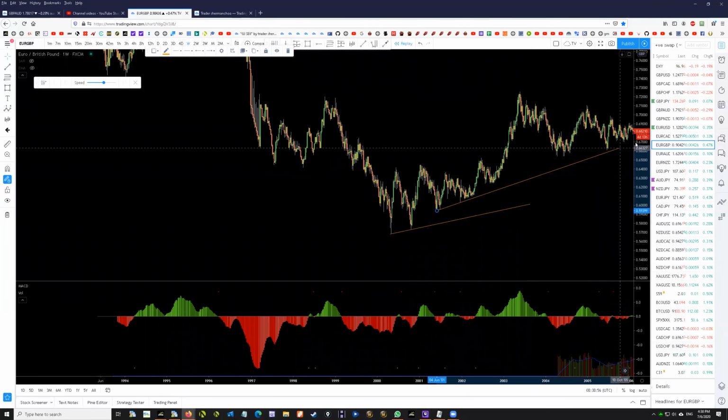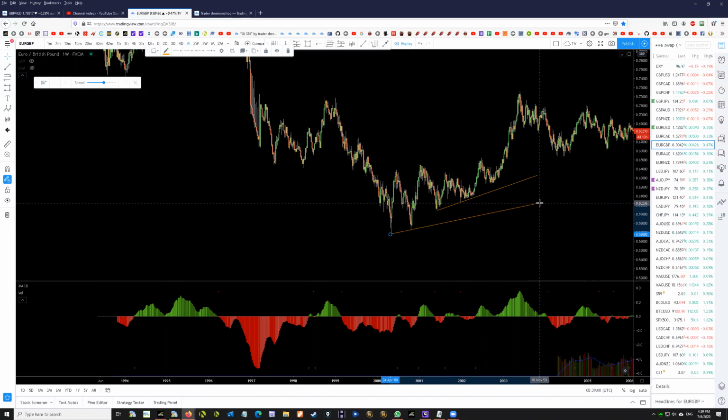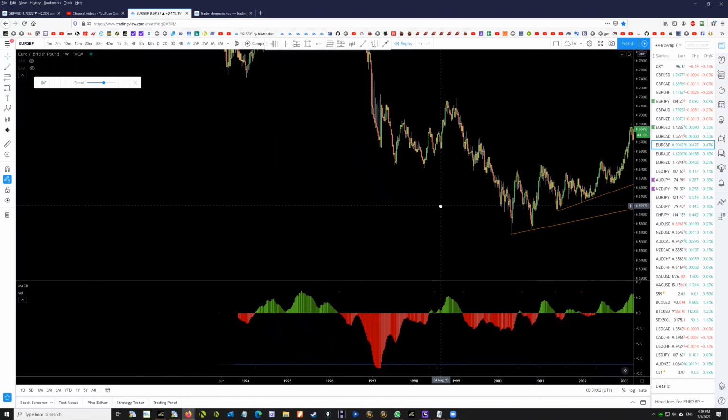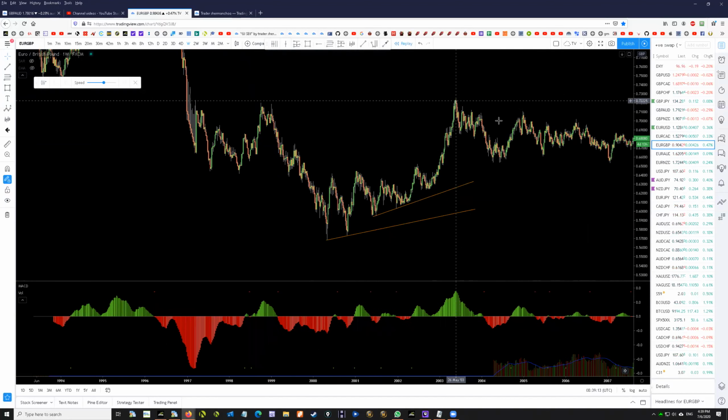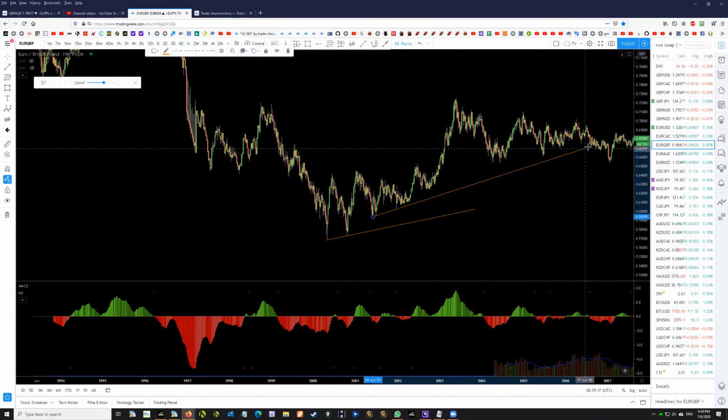And there's no point extending this too far in the future. It only makes sense at the moment in time. So if this went up, came down, went up, came down, at this point in time, it makes sense. But once it's too far in the future, this trend line doesn't make sense anymore.